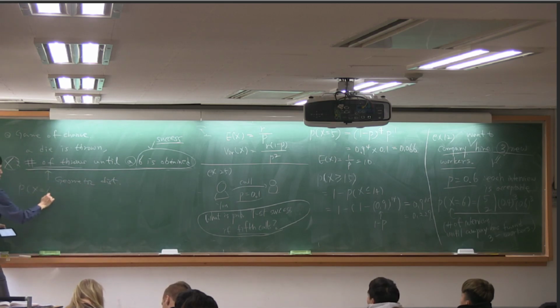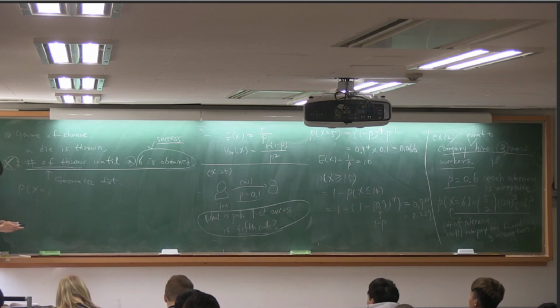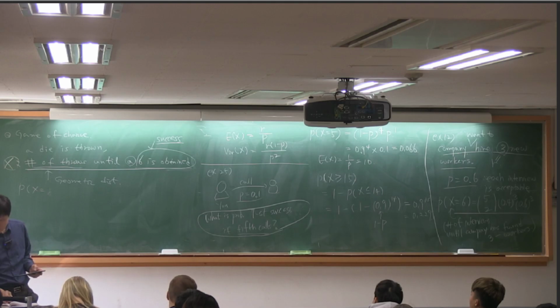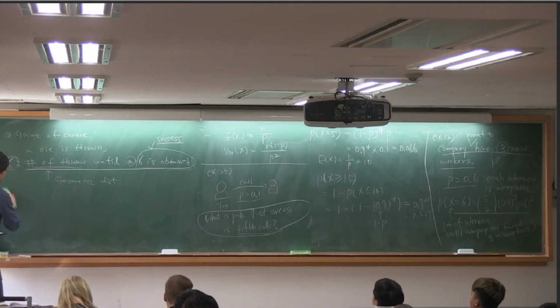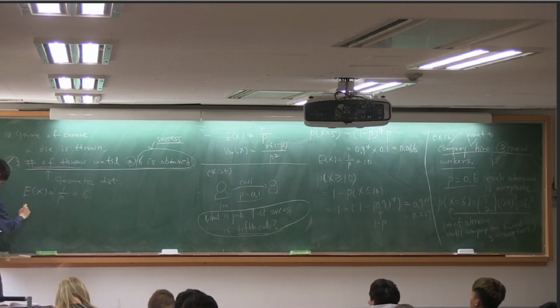So x is 7. Nothing special. Expectation of x is 1 over p. This is 6. In our textbook, what is the probability that x is larger or equal to 7?